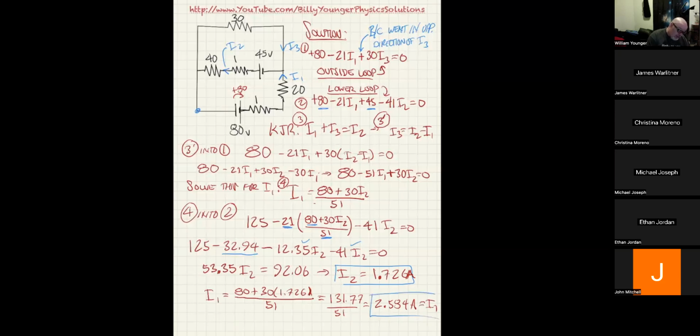And now I can use equation 3 if I want to figure out what I3 is. Specifically, I want to use 3 prime. So 3 prime tells me that I3 is equal to I2 minus I1. And I2, of course, is 1.726.